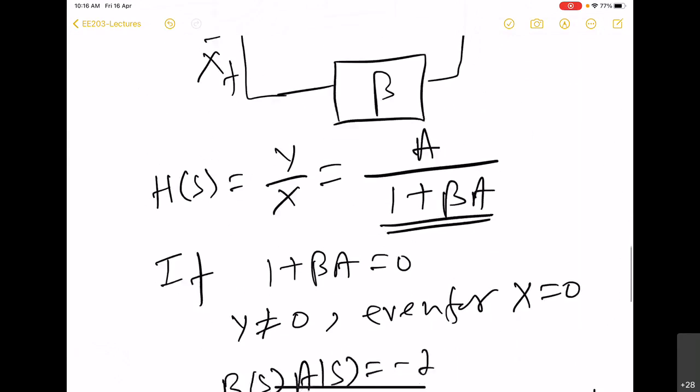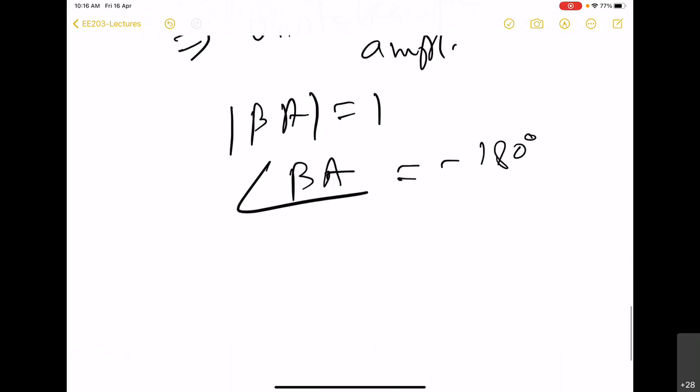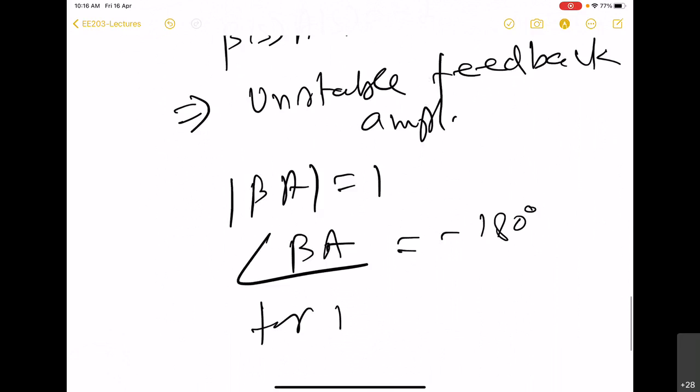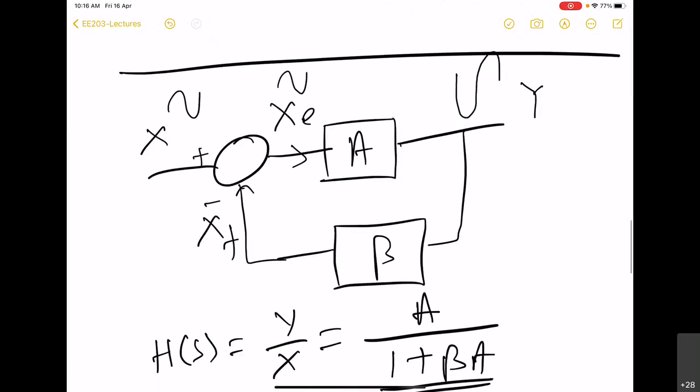And here we have taken the inverted version because we will consider this beta to be positive. So if beta is positive, this negative sign with the loop actually gets associated here with the A. And now you can see that the beta will give a fraction of this, and this is going to get subtracted from this input.